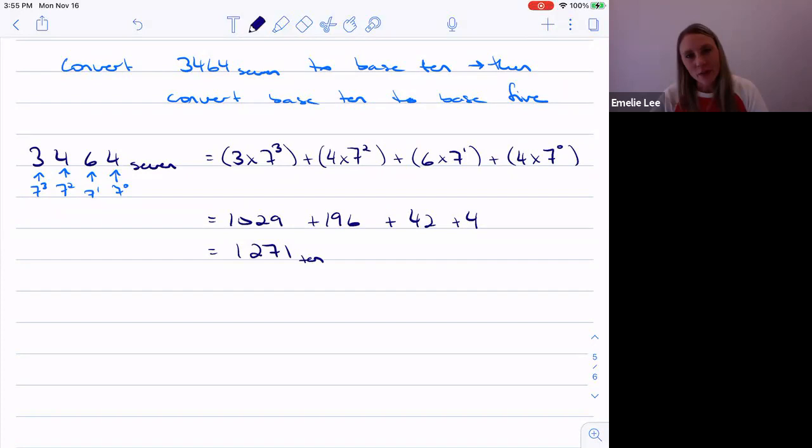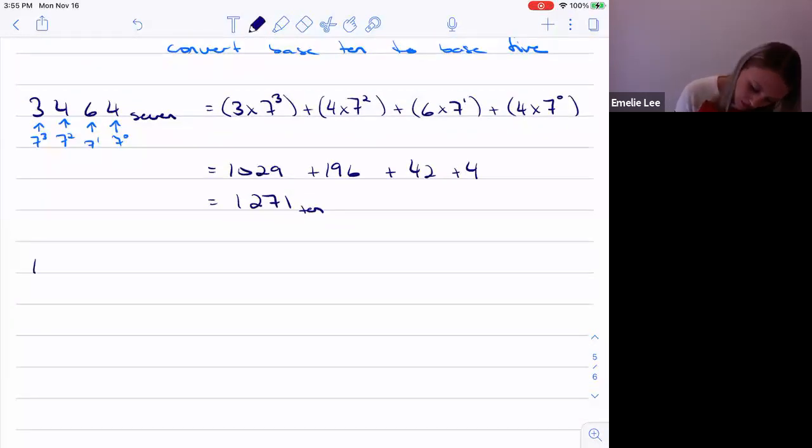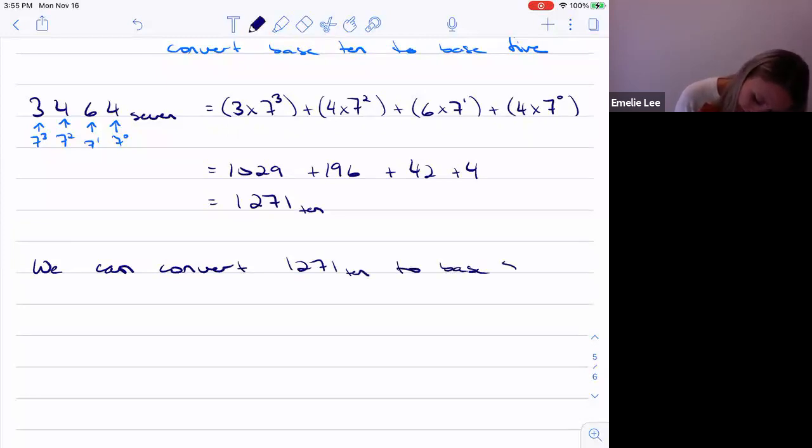So now that we have it in base 10, we can convert it to base 5 just like we wanted to. So we can convert 1271 base 10 to base 5.